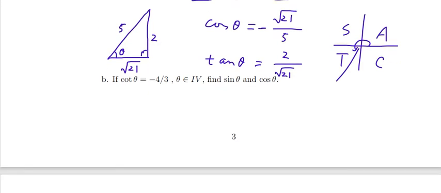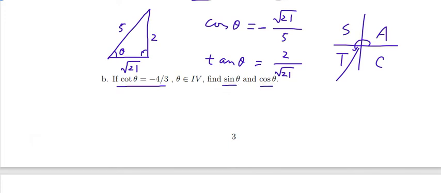So now let's consider this problem. Given conditions, usually I give you tangent, sine, or cosine, because we are quite familiar with these. How about if I give you others, like cotangent or cosecant or secant? Let's say for this problem, if cotangent is given, we find sine and cosine.